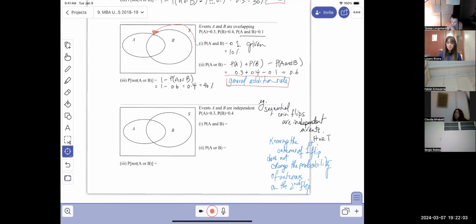Okay, let me take a little moment to explain what this event means. Let me clean this first.